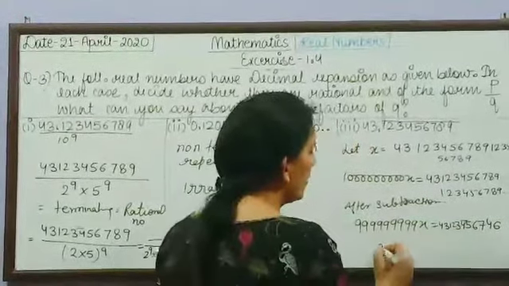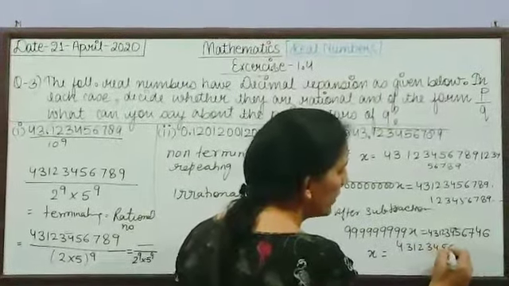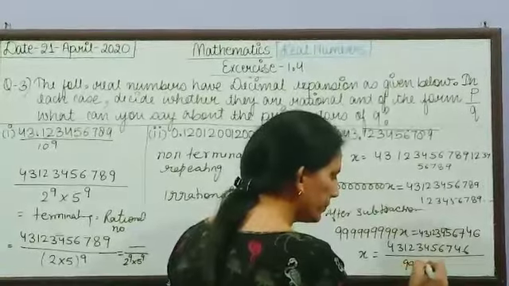So x will be 43123456746 upon 999999999.